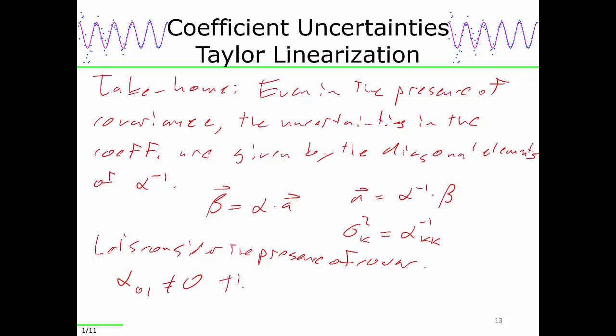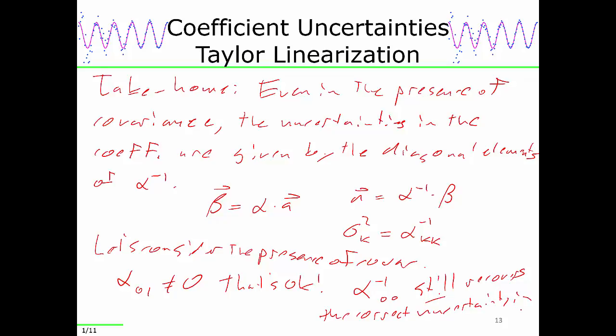That's okay. Alpha inverse 0,0, even in the presence of covariance, will still recover the correct uncertainty in A0. That was the point I was trying to make.